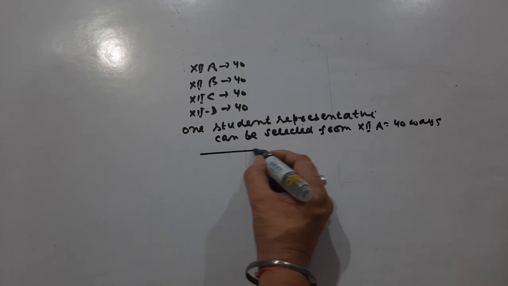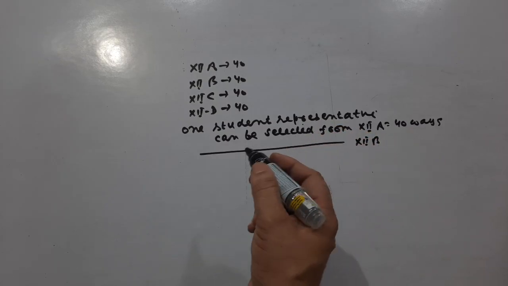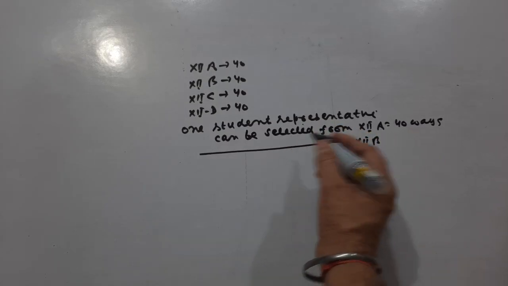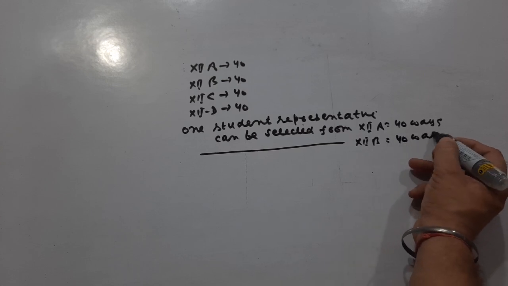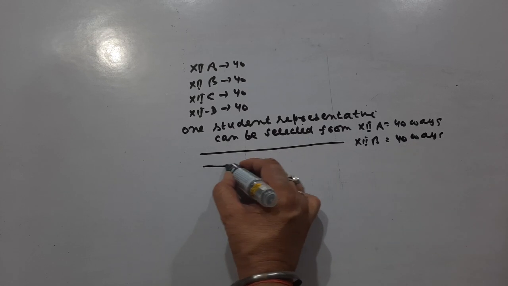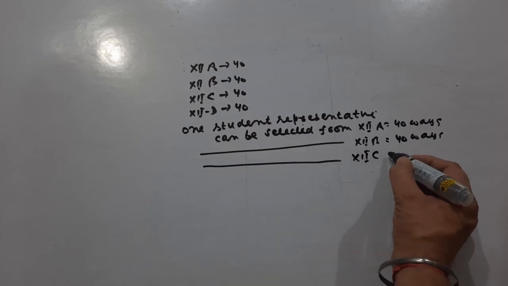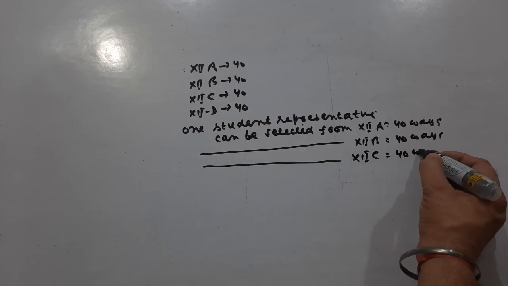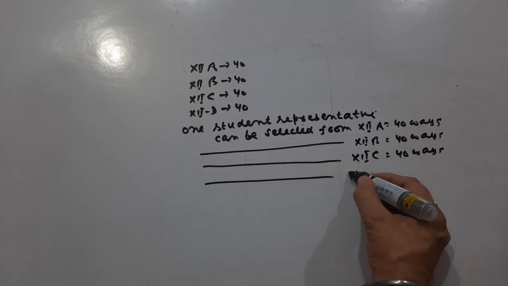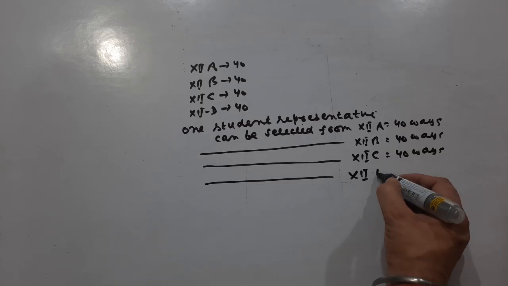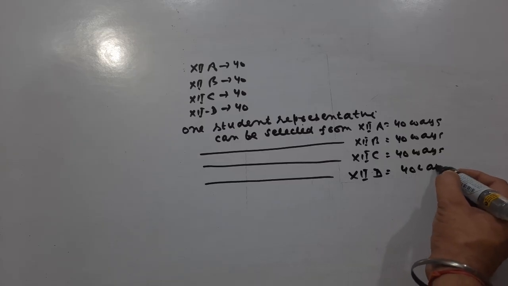Similarly, from plus 2b in how many ways? Also 40 ways, and from plus 2c 40 ways, and from plus 2d 40 ways.